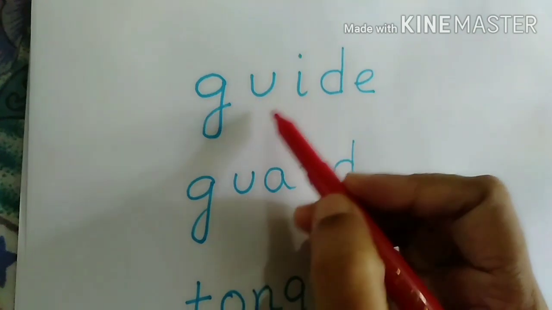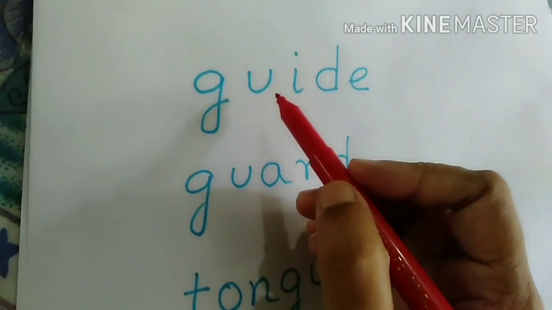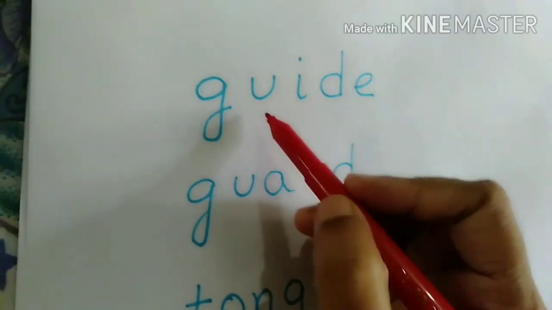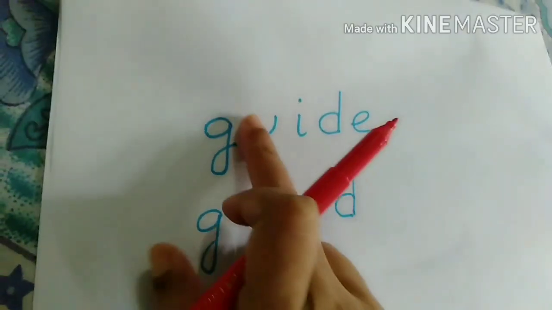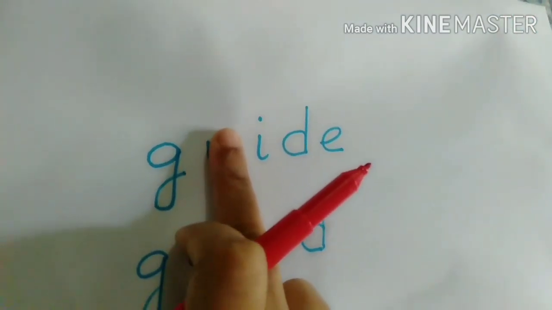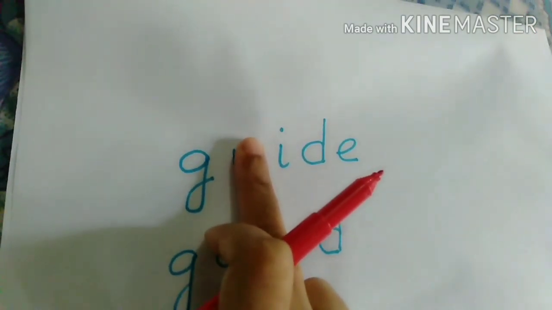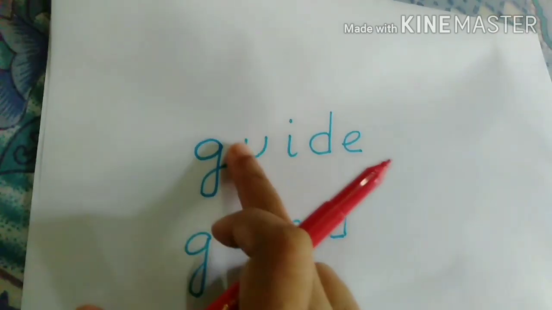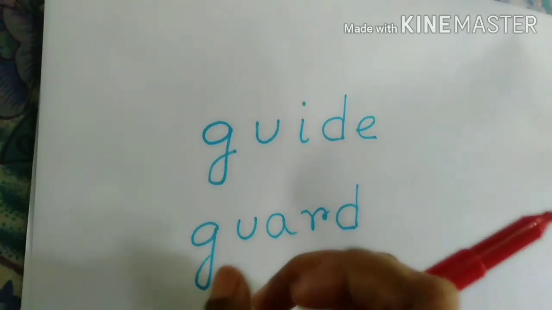But here we are not pronouncing it. That means you cannot hear the sound of U. Okay? If I hide this letter, then also the pronunciation of this word will be guide. But still we kept this here. That's why we say this is a silent letter.